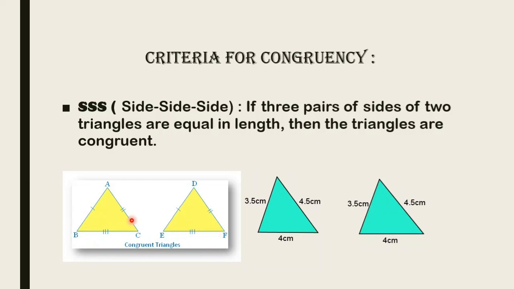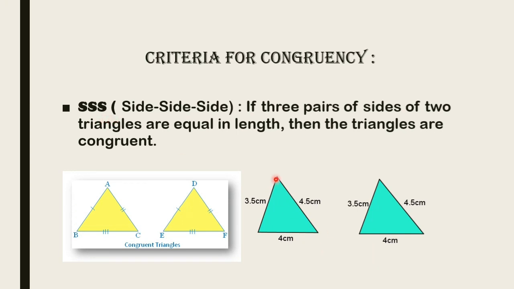This is how the three sides of triangle ABC are equal to the corresponding sides of triangle DEF, and that's why we say that triangle ABC is congruent to triangle DEF by the SSS congruence test.